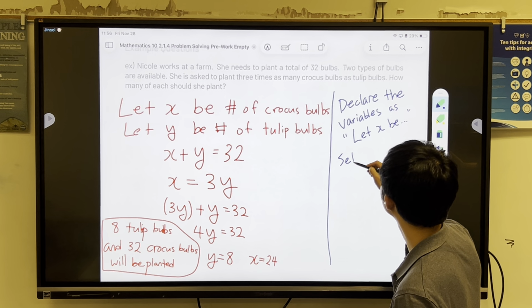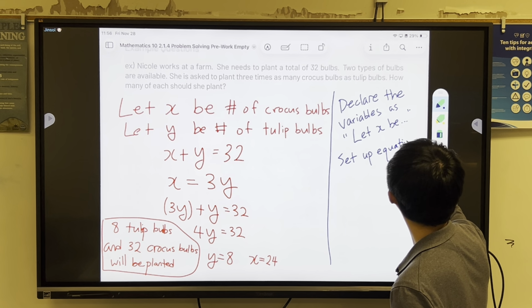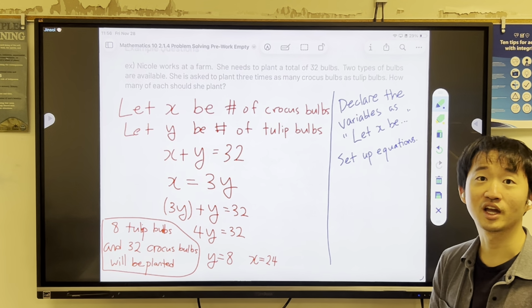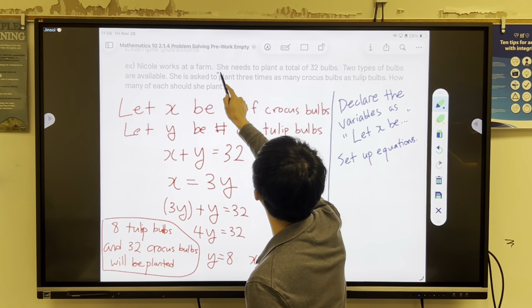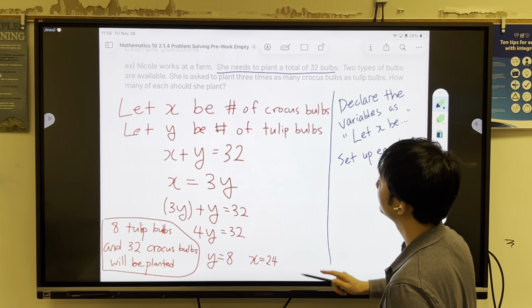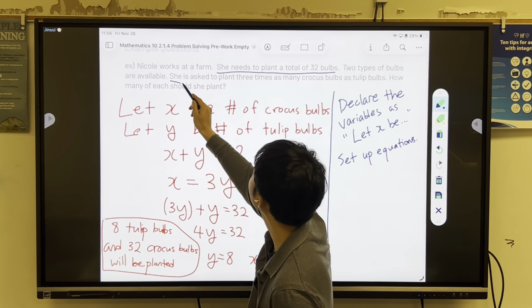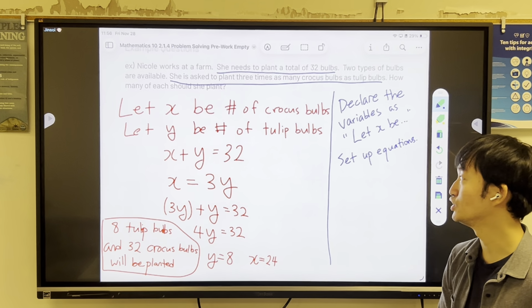And then the second step is to set up equations. To set up the equations, you need to carefully read the sentences. In this case, the second sentence leads me to equation number 1, and the fourth sentence leads me to equation number 2.